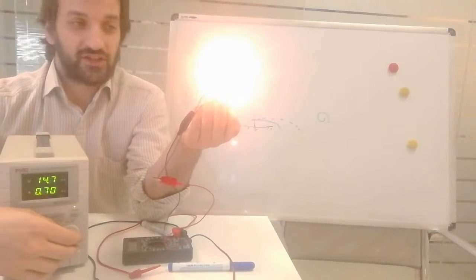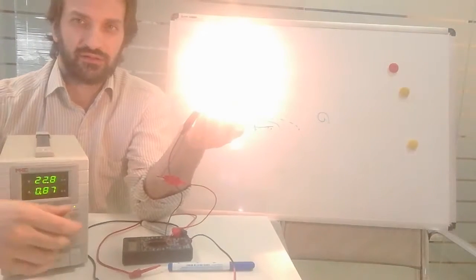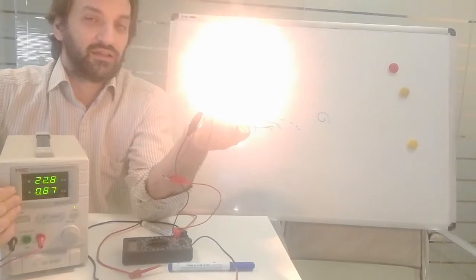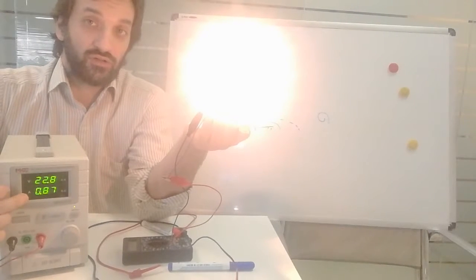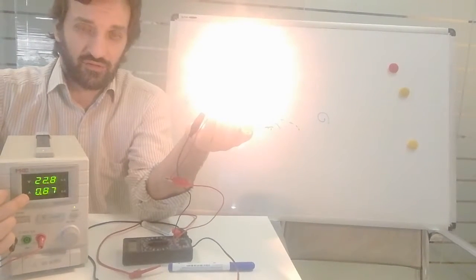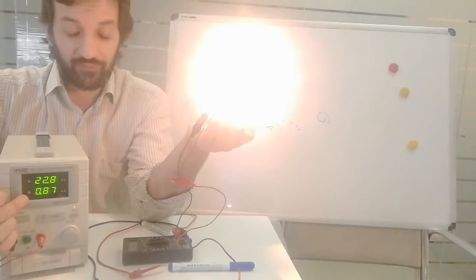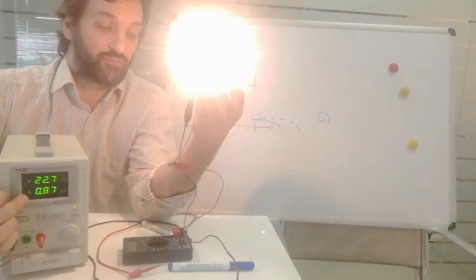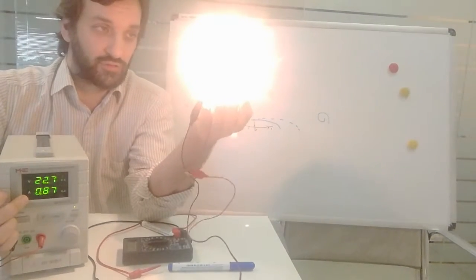Now we increase it. Now it's 22, and the number you see below here has as a unit I. That means it's the current that is flowing through this circuit.